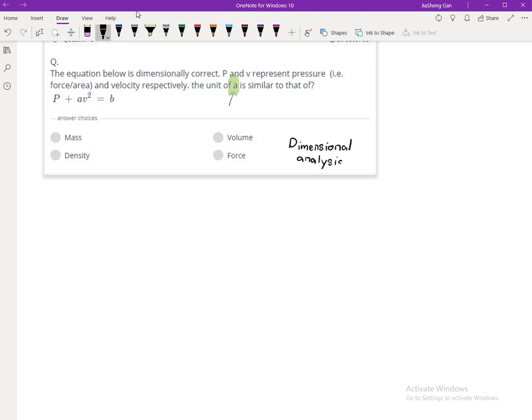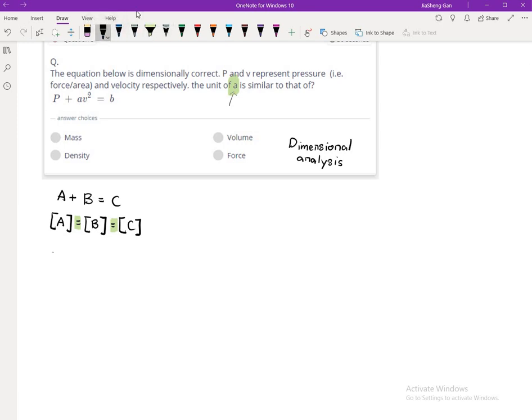So we need to know some of the rules in dimensional analysis. So if A plus B is equal to C, then you should also know that the dimension of A will be equal to the dimension of B will be equal to the dimension of C. Okay, be careful. What I say here is equal. So A, B, and C should have the same dimension.